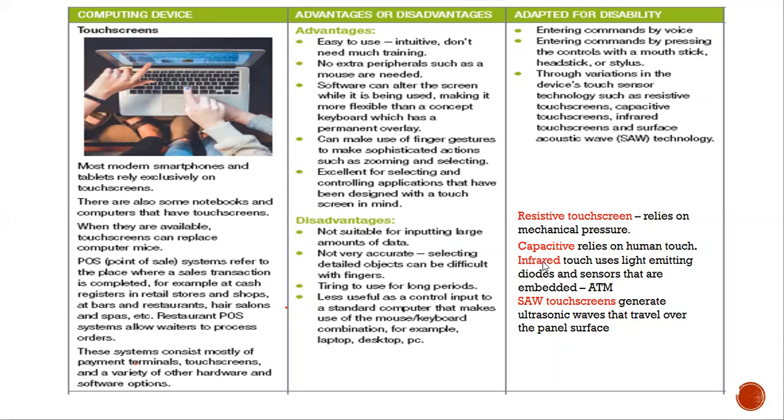Then you have the surface acoustic wave touch screens, which generate ultrasound waves that travel over the panel surface. So those are the different types of touch screens that you have. We'll discuss this again further down.